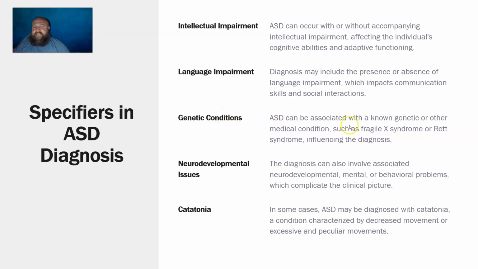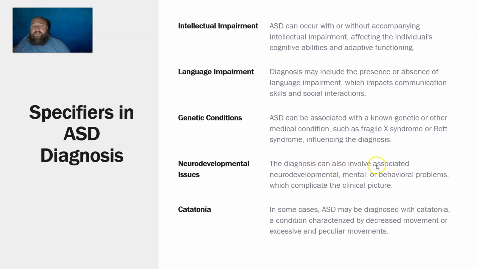Genetic conditions. ASD can be associated with a known genetic or other medical condition, such as Fragile X syndrome or Rett syndrome, influencing the diagnosis. So this is where they could add that, and it wouldn't be "genetic conditions." It would be autism spectrum disorder with the specifier of whatever the specific condition is. Neurodevelopmental issues.